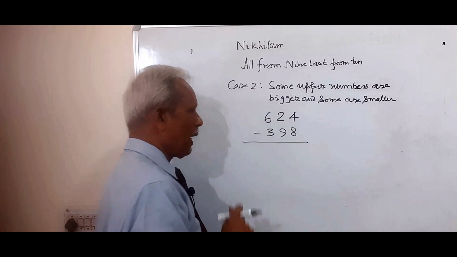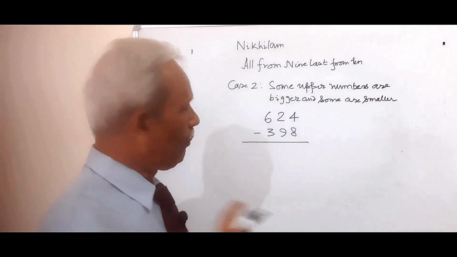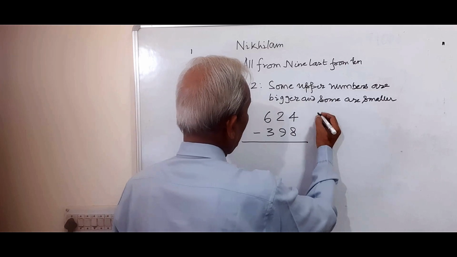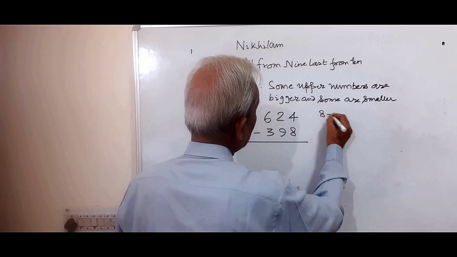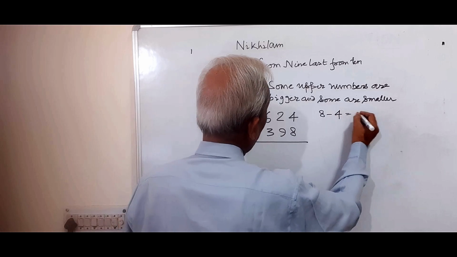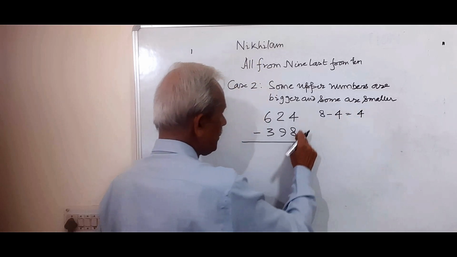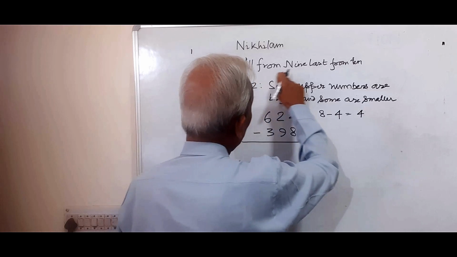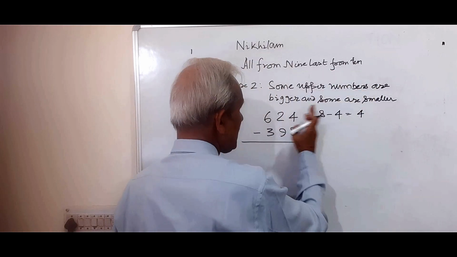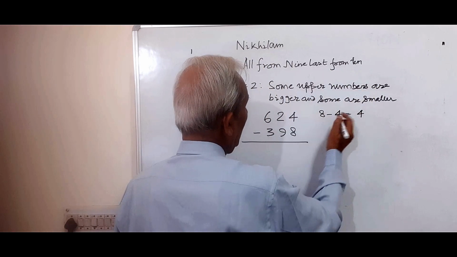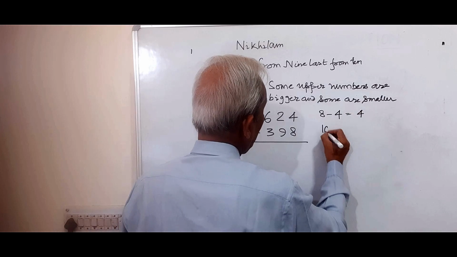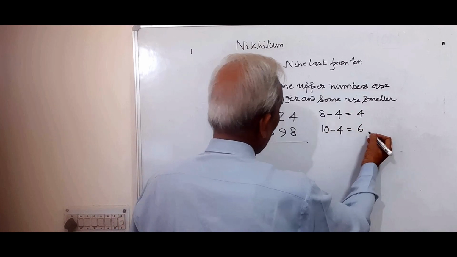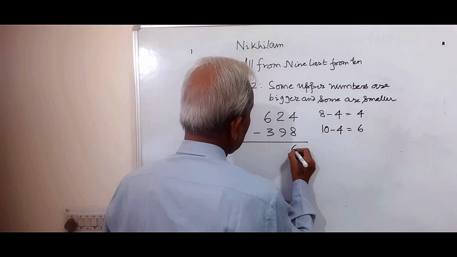Remember certain things. The upper number is smaller, this is bigger. You cannot subtract 8 from 4. So what is to be done is, you should find the difference of 4 and 8. The difference of 4 and 8 is how much? 4. Then use all from 9, last from 10. The difference, 4, is to be reduced from 10, last from 10, and 10 minus 4 is 6, and you should write 6 here.